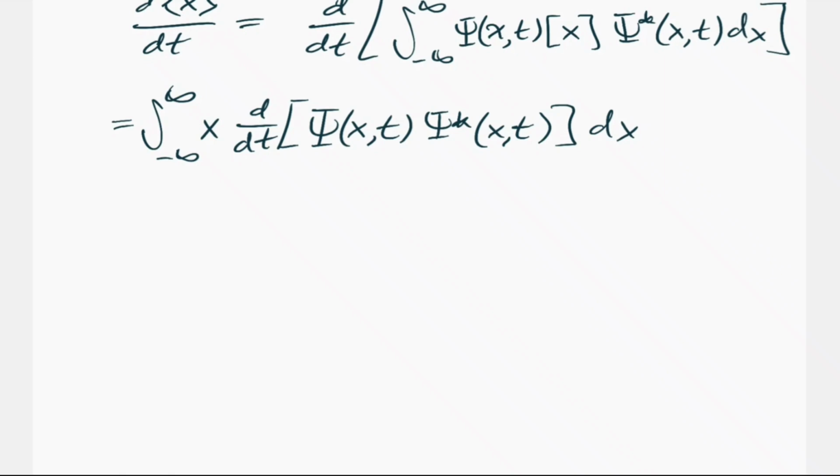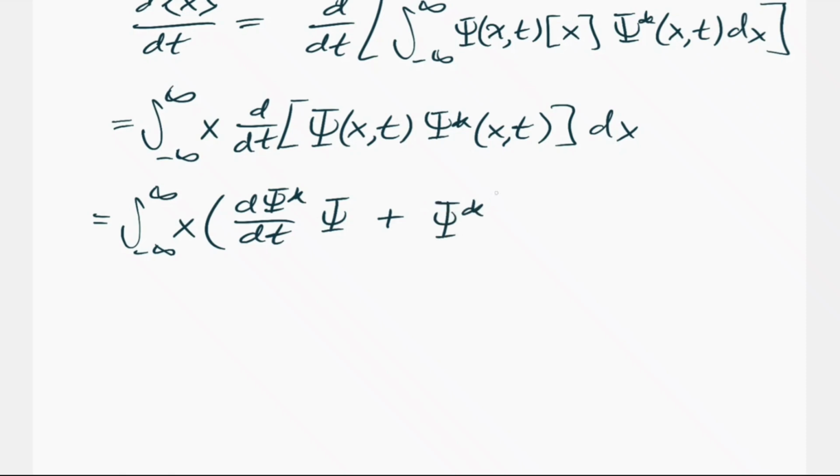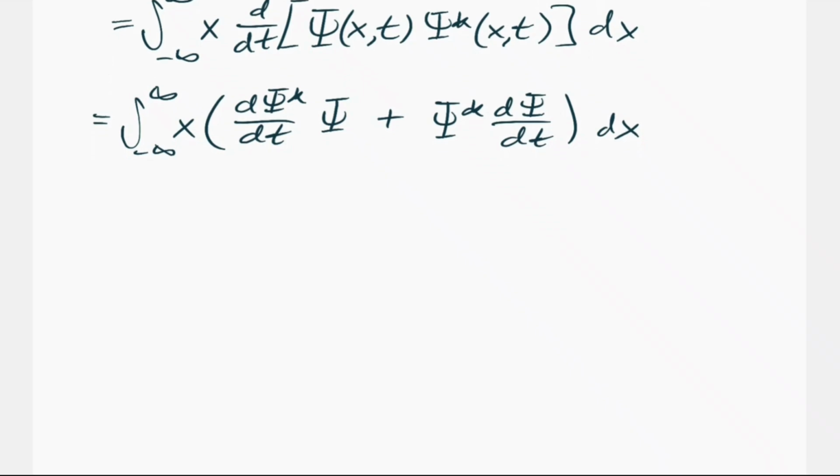And then what that leads us to is just a simple application of the chain rule. So we're going to have the integral from negative infinity to infinity of x times (d psi star/dt times psi plus psi star d psi/dt), and then all of that over dx.